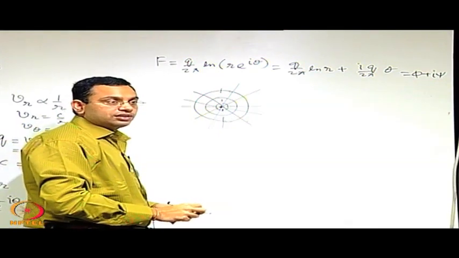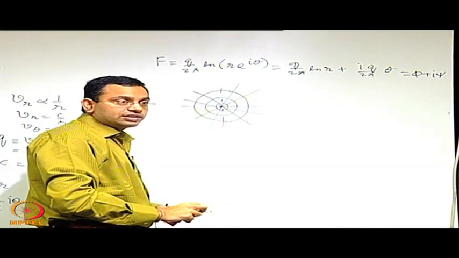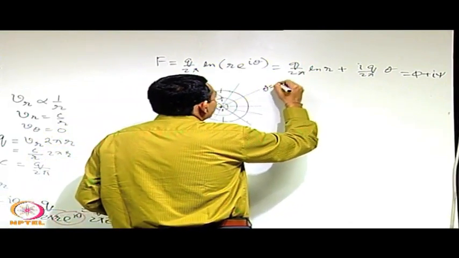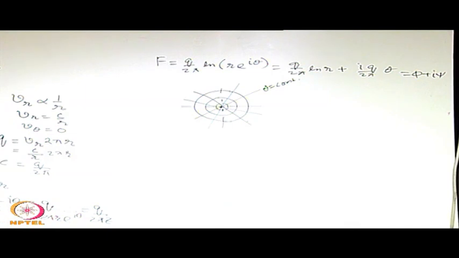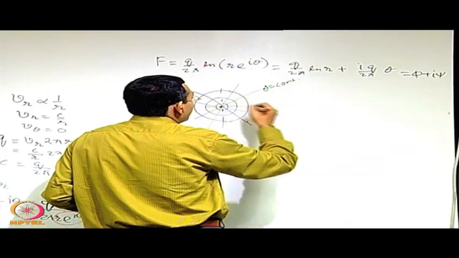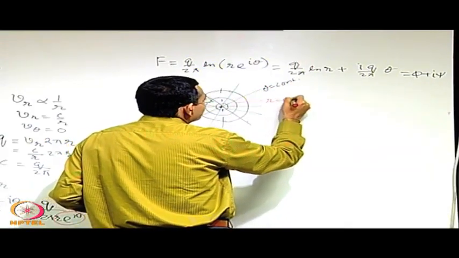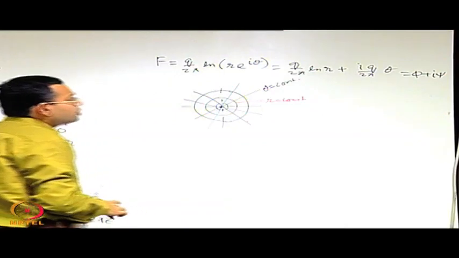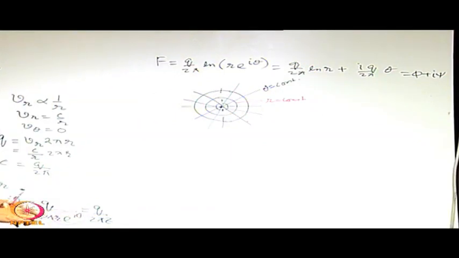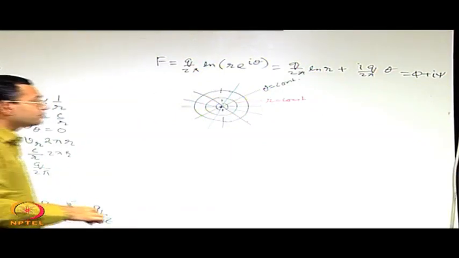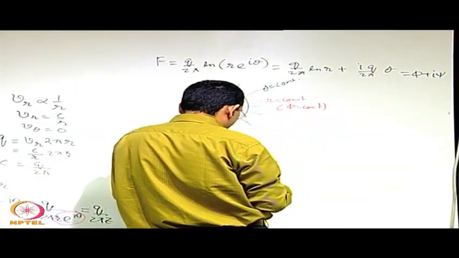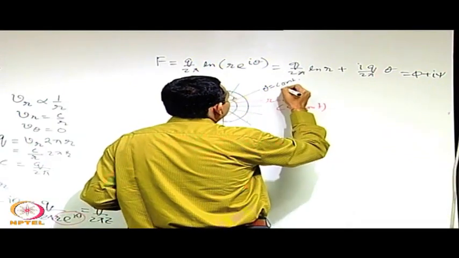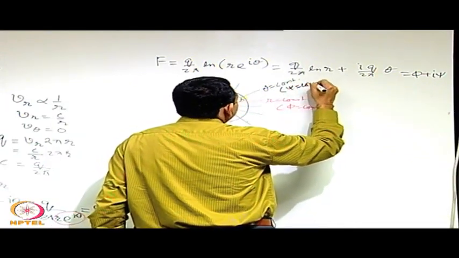These are theta equal to constant, right? So theta equal to constant are basically the radially diverging lines, and phi equal to constant, that is r equal to constant, are these lines. So r equal to constant lines are the equipotential lines. So these are phi equal to constant lines, and theta equal to constant lines are psi equal to constant lines.